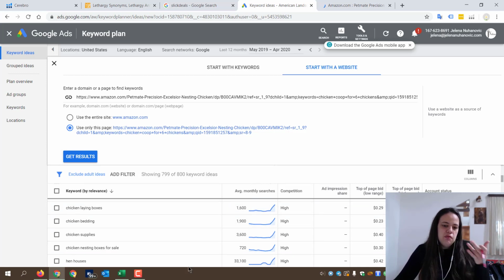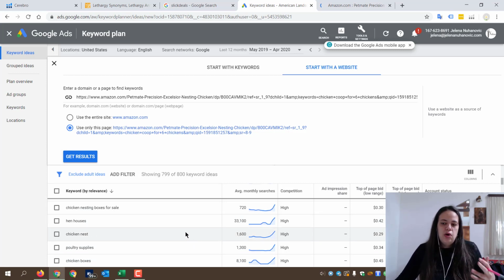So even if you don't find some good PPC keywords to target, you will find brilliant keywords, for example, to add them to your backend search terms, or brilliant keywords to give you ideas. What else could you sell in that specific niche, for product research as well?